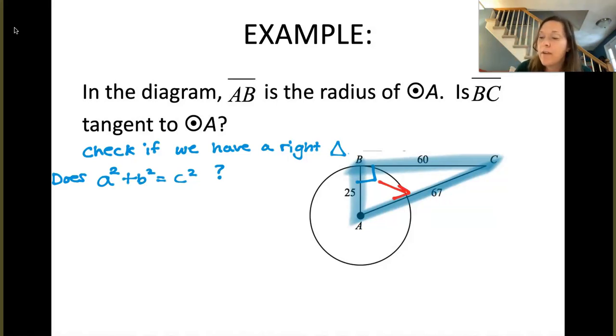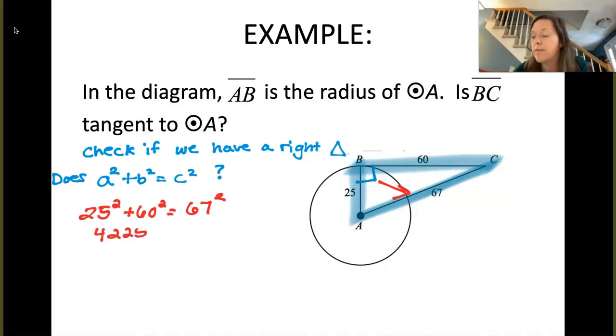So I'm going to do 25 for my a, 60 for my b, and 67 for my c. Now on my calculator, I'm going to type in 25 squared plus 60 squared, and I get 4,225. And I'm going to do 67 squared, and I get 4,489. They are not equal.